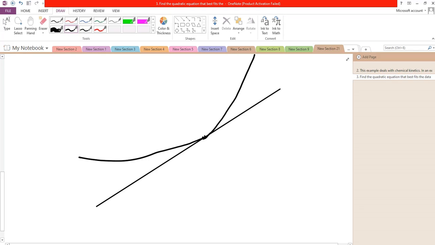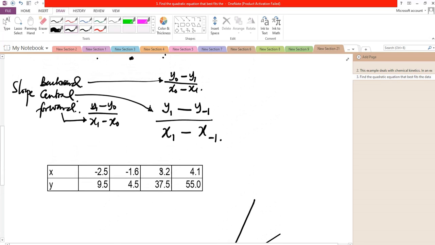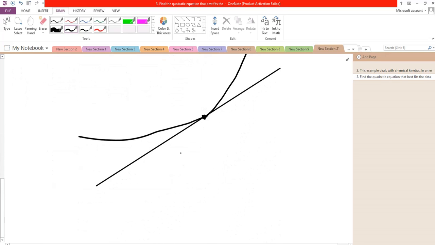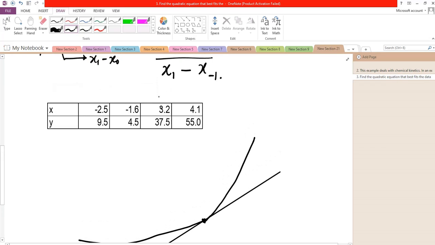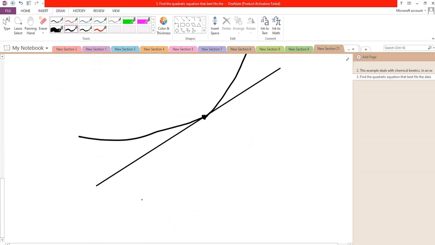Now at this point, which is where x is equal to 3.2, that is our x subscript 0 and y subscript 0. The coordinate here is x subscript 0, y subscript 0.